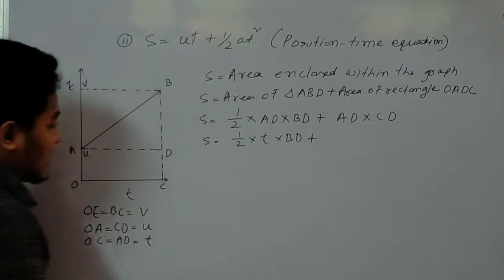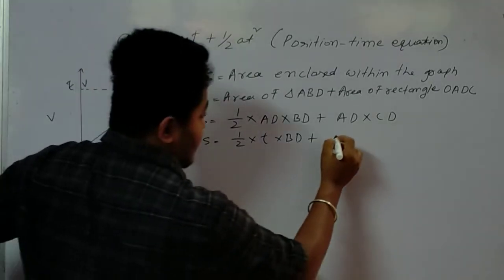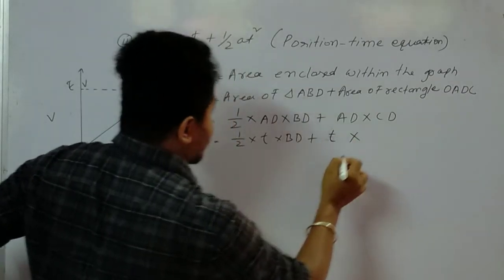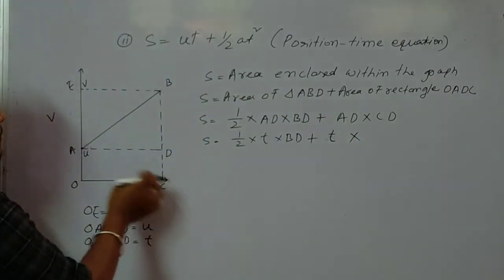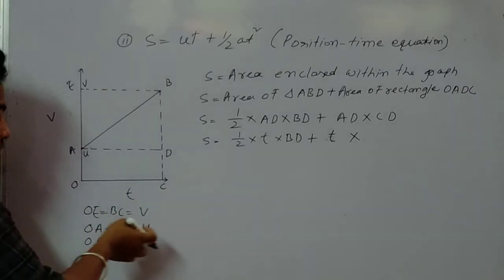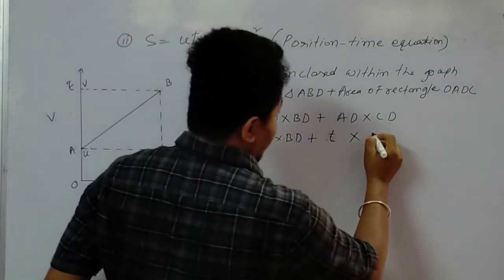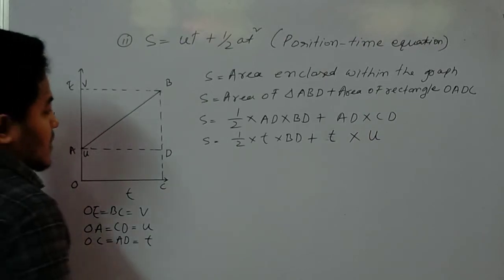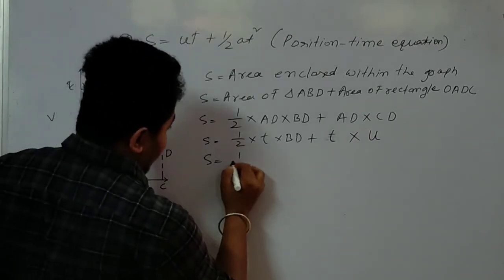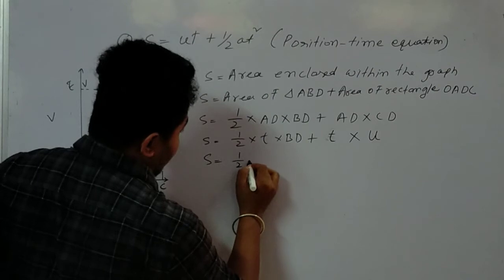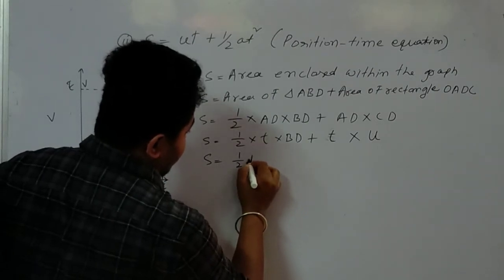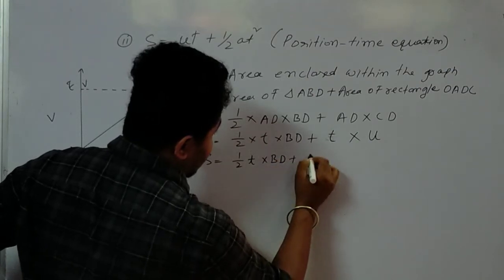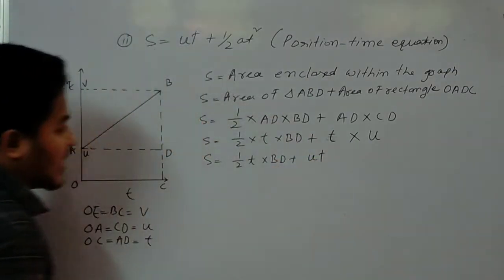Plus AD, which again will become your t, time, into CD. What is this CD? This CD will be your initial velocity u. So S is equal to half of t into BD plus this is your ut, we have arranged it like this.